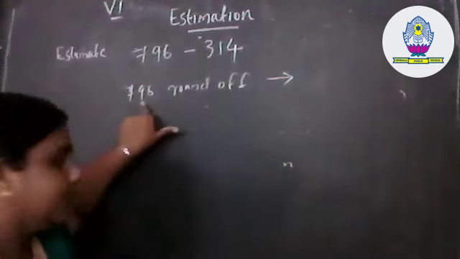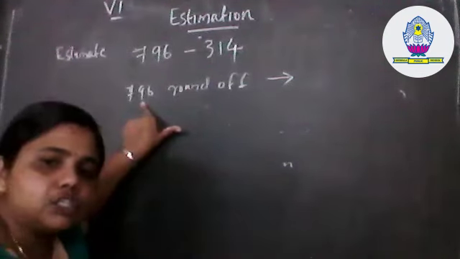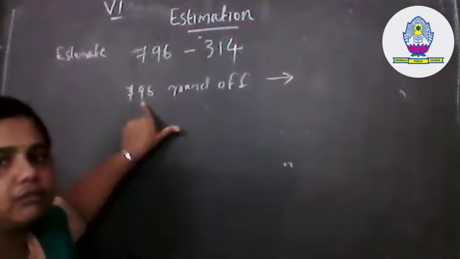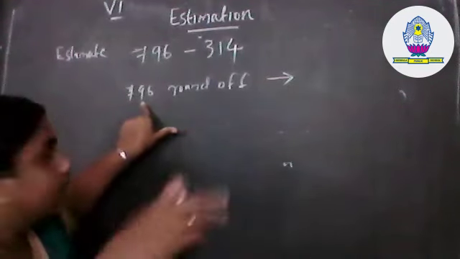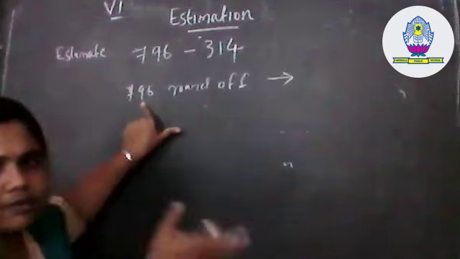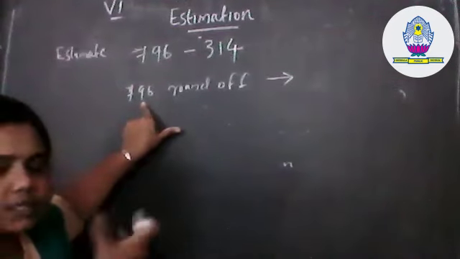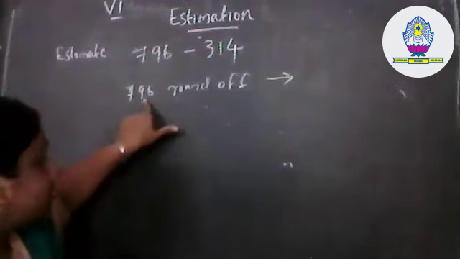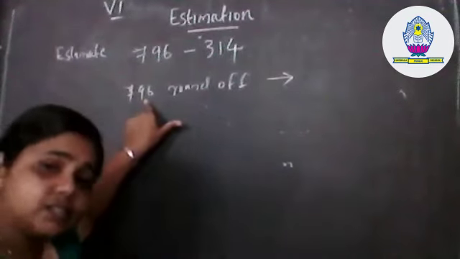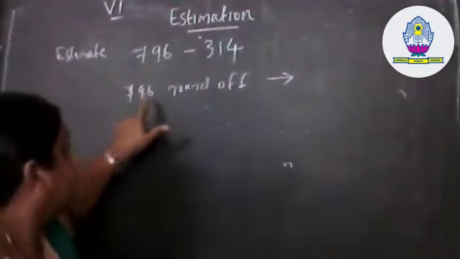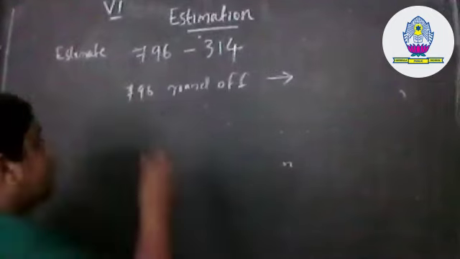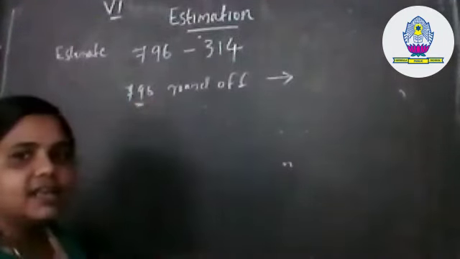If the digit in the tens place is less than 5, the last 2 digits become 0 and the other digits are the same. If the digit in the tens place is greater than 5, here the digit in the tens place is 9, which is greater than 5.